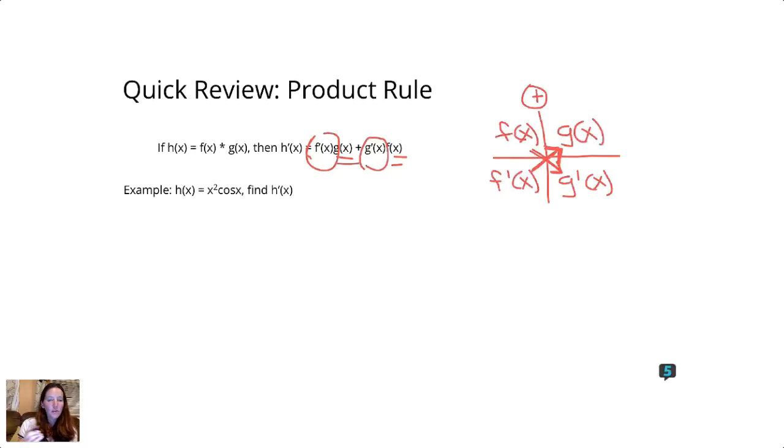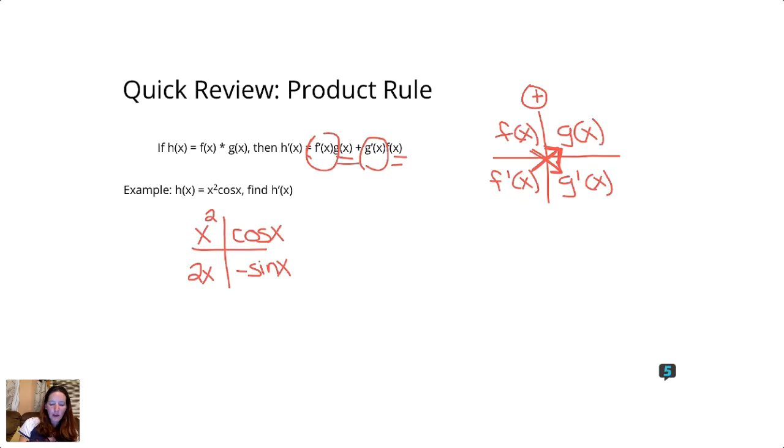So let me kind of show you how this would work with h of x equals x squared cosine x, right? So I would set up my box. I'd write my two functions, so it's x squared times cosine x. And then underneath the x squared, I would get a 2x, because that's the derivative of x squared, right? And then the derivative of cosine x is negative sine x.